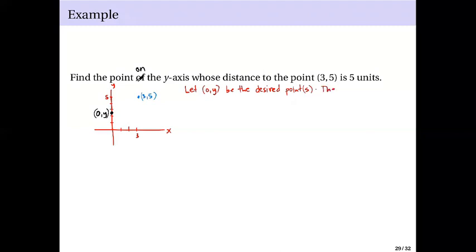Then we want D equals the square root of (3 minus 0) squared plus (5 minus y) squared. So that's the distance between this point and this point here, or the other point somewhere here, but we want the distance to be equal to 5. This must be equal to 5.